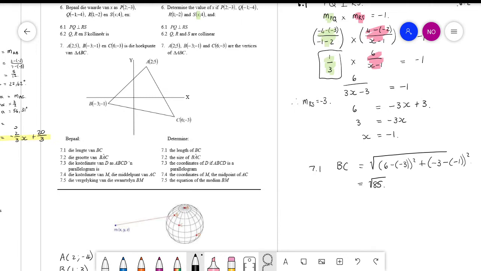Okay. Now they ask us to calculate the size of angle BAC. So I'm looking for this one.